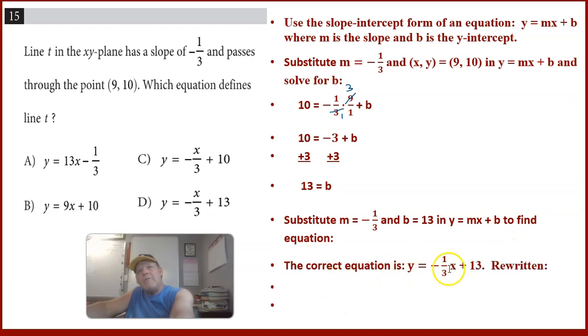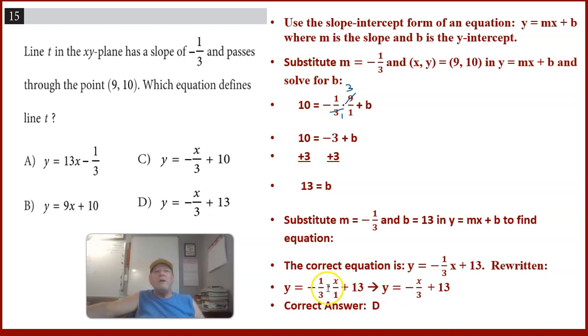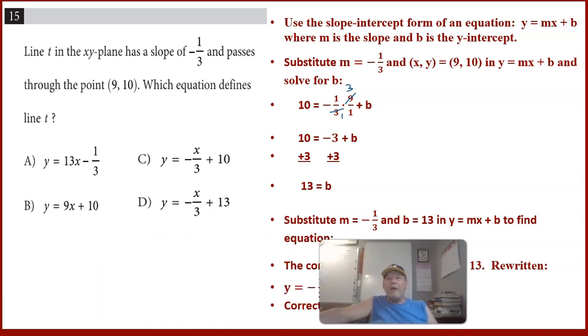So I get y equals -1/3 x plus 13. So I can rewrite that so that -1/3 times x over 1 would end up getting me -x/3 plus 13. Choice D. Hopefully you're able to get that right as well.